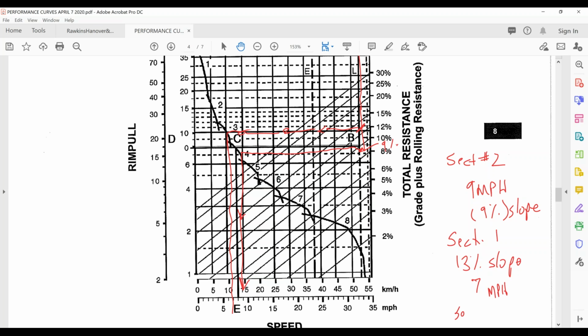And then section 3, where our slope is 17%, we're going to come in here, move over this way to here, and we'll be able to do that at 4 miles an hour.